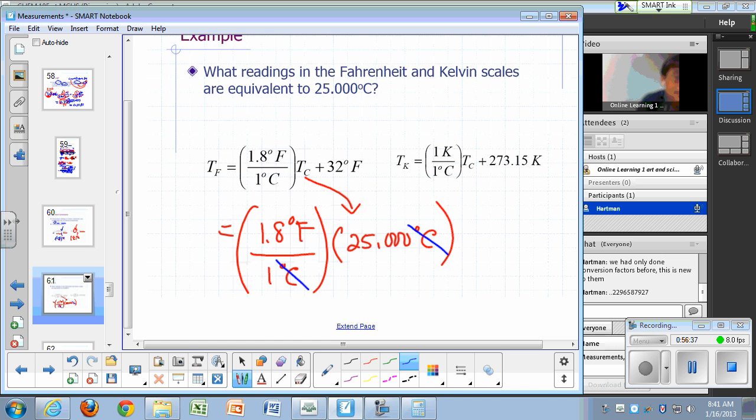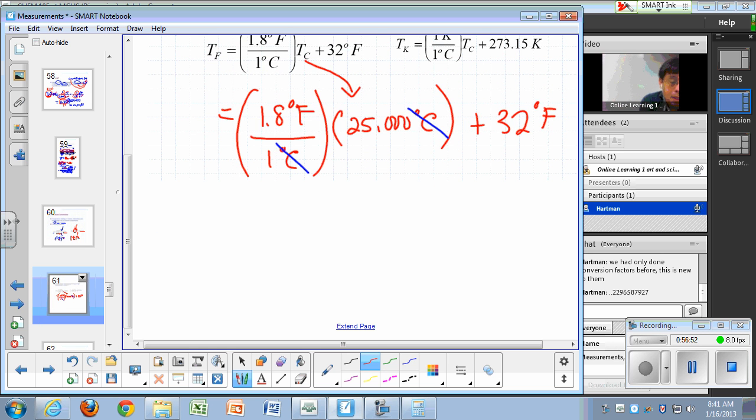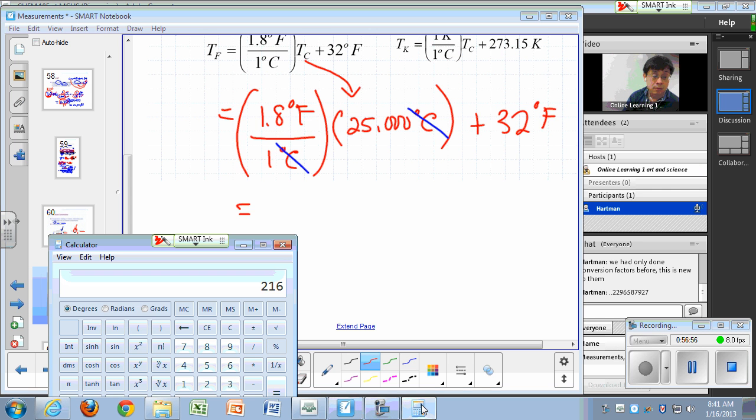Degrees Celsius cancels out, so this multiplication gives you degrees Fahrenheit, and then you add 32 degrees Fahrenheit, and that 32 is exact. 1.8 times 25, that's 45.